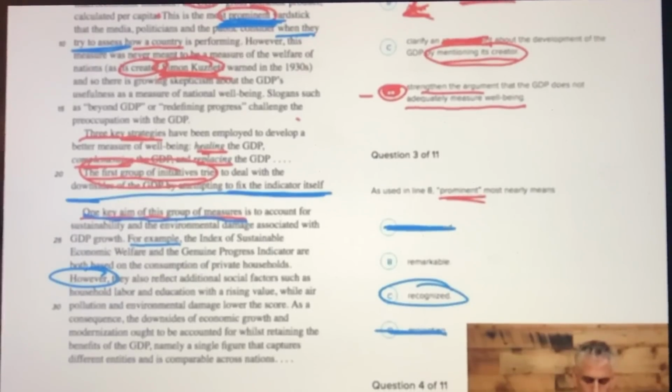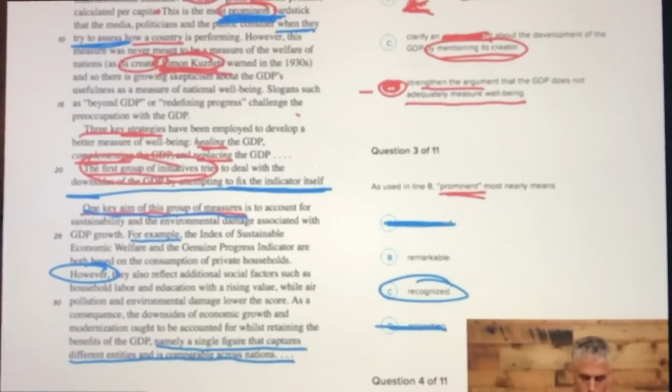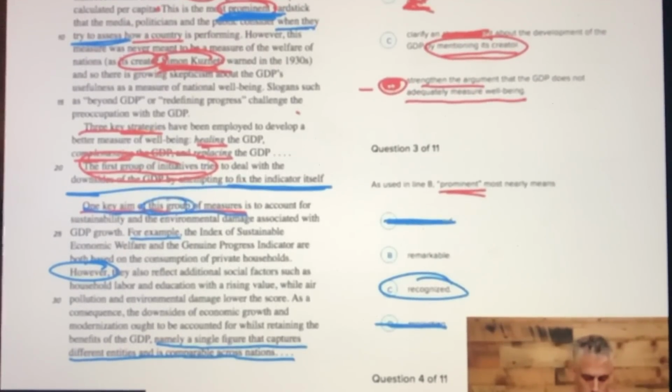However, they also reflect additional social factors such as household labor and education with a rising value, while air pollution and environmental damage lower the score. As a consequence, downsides of economic growth and modernization ought to be accounted for whilst retaining the benefits, namely a single figure that captures different entities and is comparable across nations. So this group wants to find a different measure, okay? They're fixing the indicator itself.